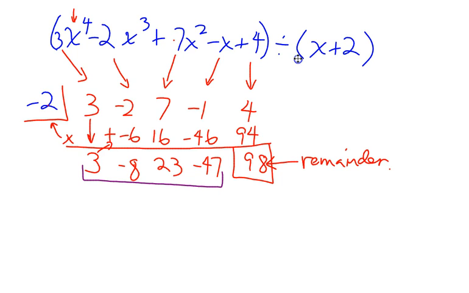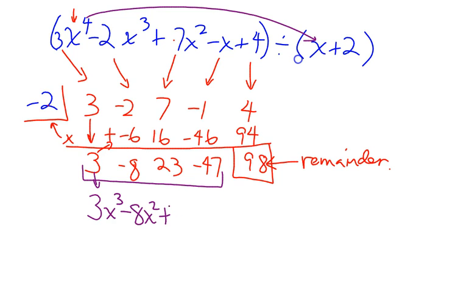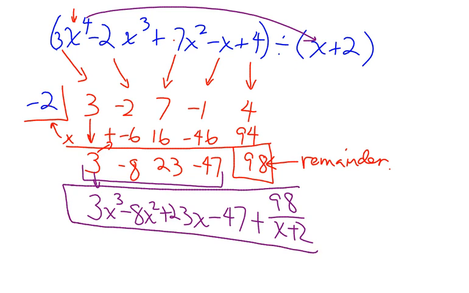When I divide an x to the fourth by a linear factor, x to the fourth divided by x, this always has to go down by 1 degree, so that goes from x to the fourth to 3x to the third minus 8x squared plus 23x minus 47, plus, using this remainder, I put that back over my divisor of x plus 2. And that is the answer when I do synthetic division.